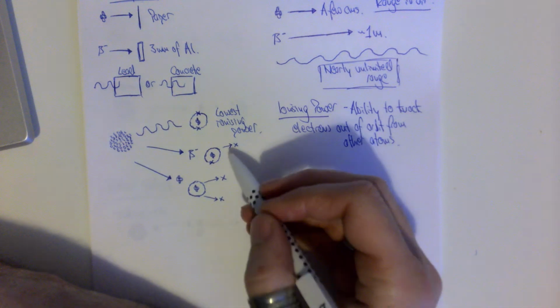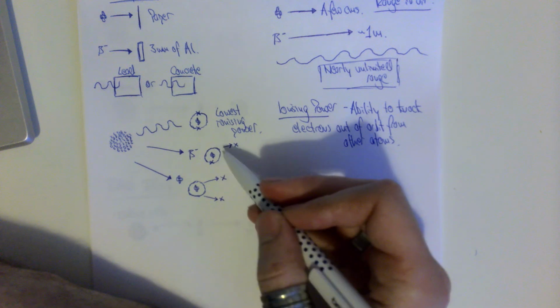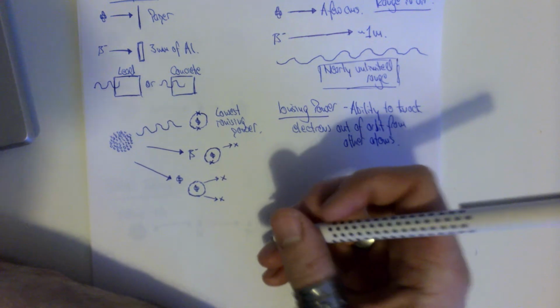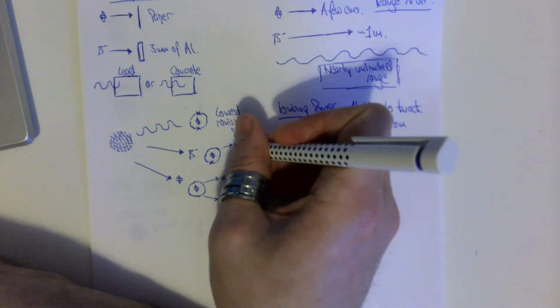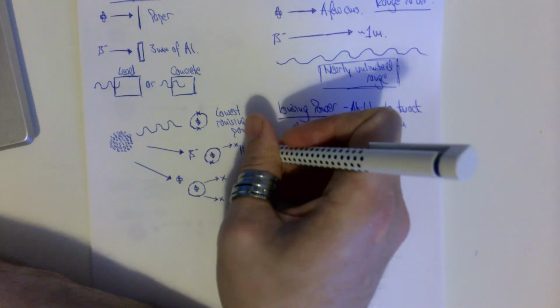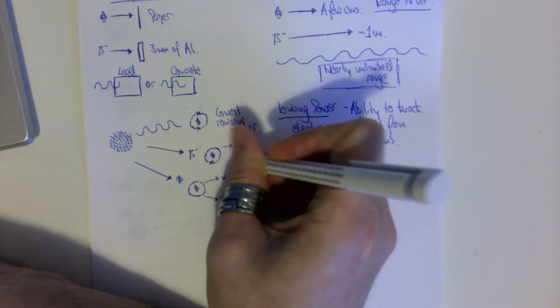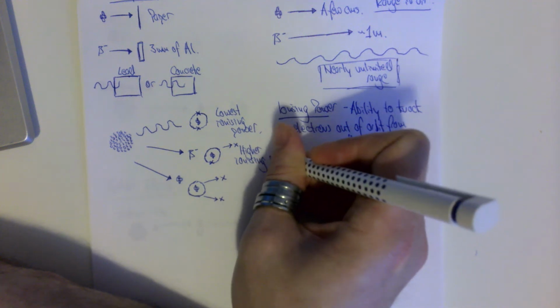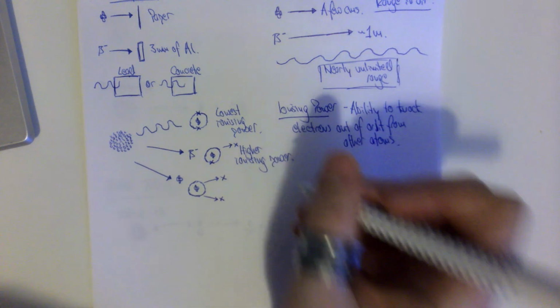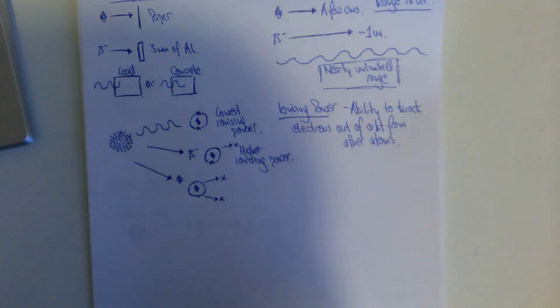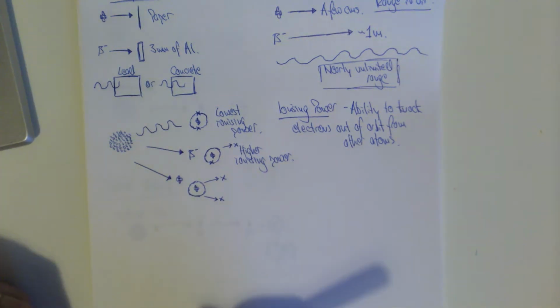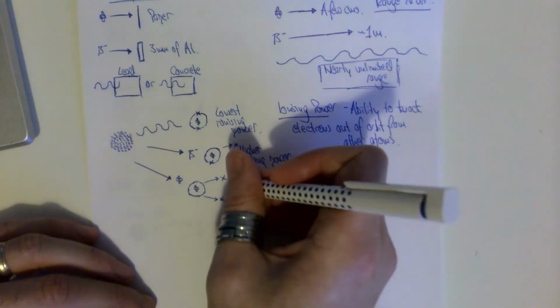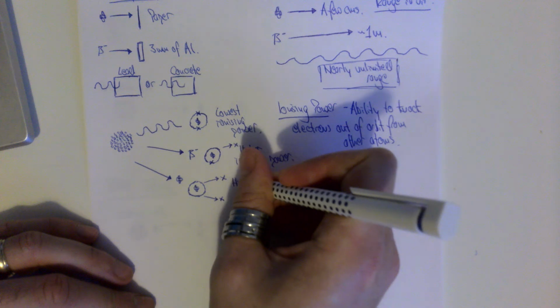Beta has the ability to collide with another electron in orbit, so it's got a relatively higher ionizing power compared to gamma radiation. Whereas alpha particles, because they're the largest, made up of two protons and two neutrons, they've got the ability to knock more than one electron out of orbit, so therefore that actually gives them the highest ionizing power.